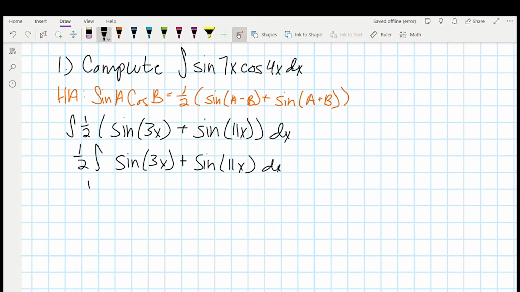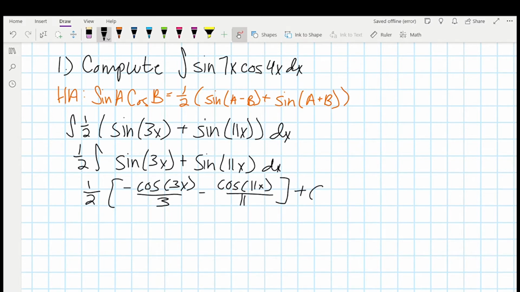To integrate sine, it becomes negative cosine. So to rewrite this, we can say 1/2 multiplied by negative cosine 3x over 3 minus cosine of 11x over 11.